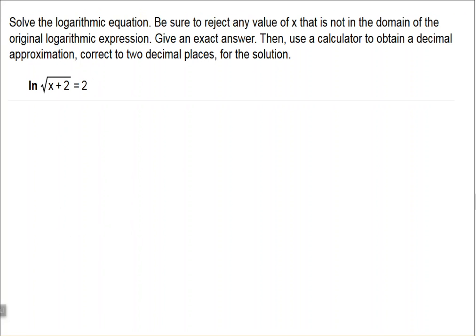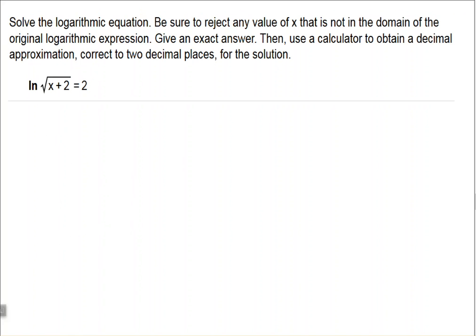All right, in this problem, we want to solve the logarithmic equation. Make sure that our answer is in the domain, give an exact answer, and a decimal approximation, rounded to 2 decimal places. So we have the natural log of the square root of x plus 2 equals 2.